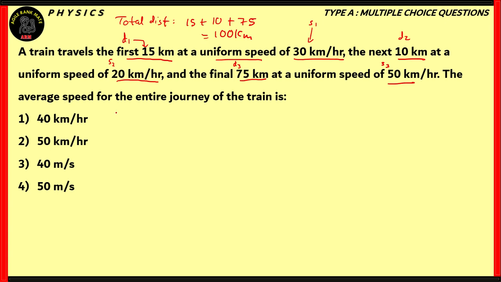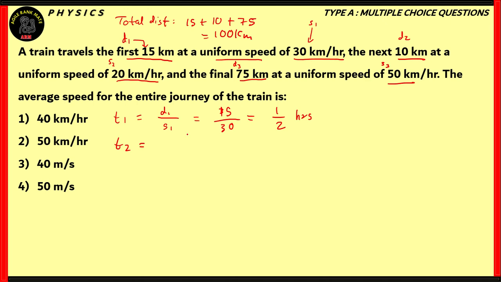In order to calculate the time, let's consider T1 to be D1 over S1. So T1 is the time that the train took to travel the first 15 kilometers at a uniform speed of 30 kilometers per hour. D1 stands for the distance, which is 15, and S1 stands for the speed, which is 30. So what we get is 1 over 2 hours, so basically 0.5 hours.